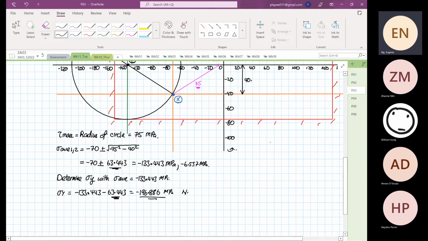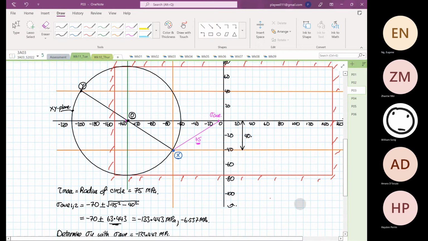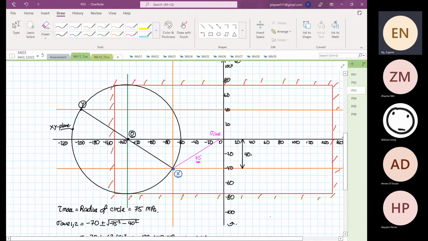It's not valid because the normal stress, stress Y, is greater than 150 megapascal, or smaller than minus 150 megapascal, right? We know it's not allowed. It's minus 196.